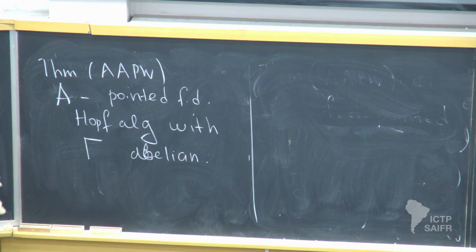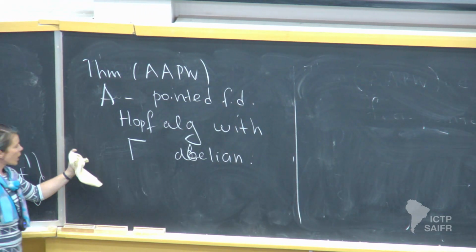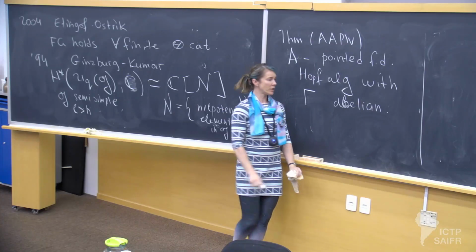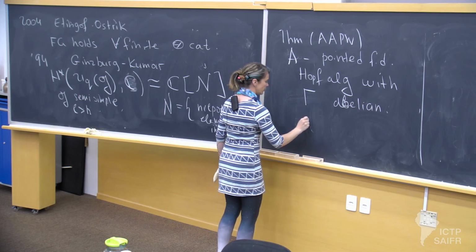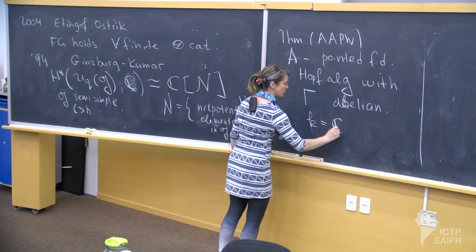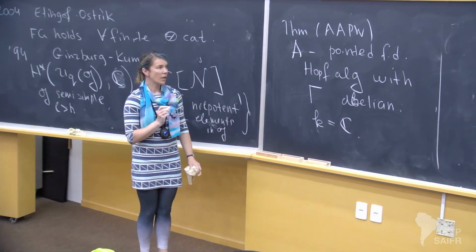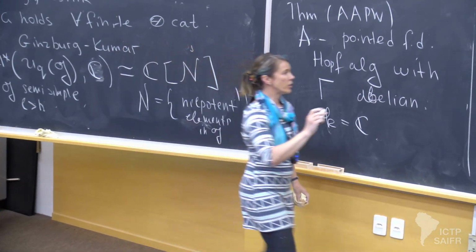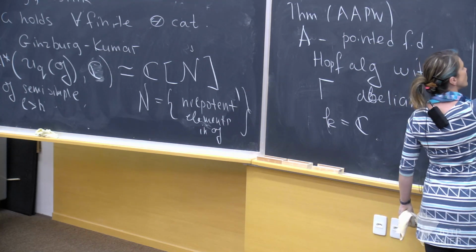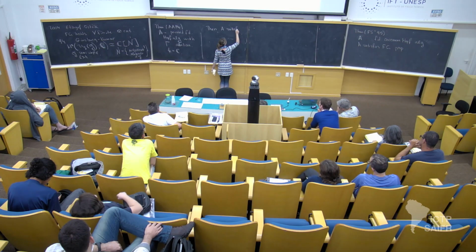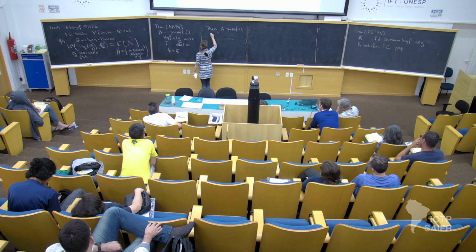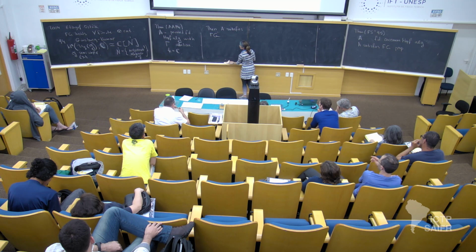Okay, pointed finite dimensional Hopf algebra with abelian group of group-like elements over a field of 0 characteristic. Then it satisfies the finite generation condition.